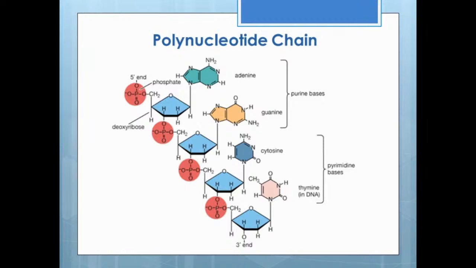These are the phosphodiester bonds between the nucleotides in this polynucleotide chain, and a nitrogenous base is attached to each nucleotide, and these nitrogenous bases are protruding into the right side of this polynucleotide chain. In this polynucleotide chain, this is the 5' end and this is the 3' end. So we can say that this polynucleotide chain is running from 5' to 3' direction.